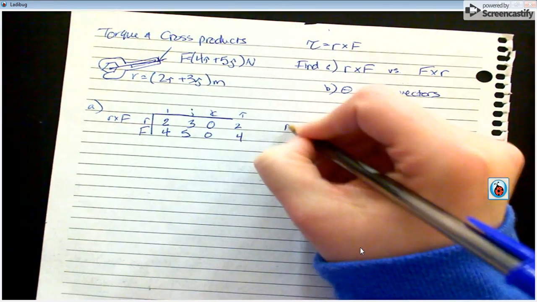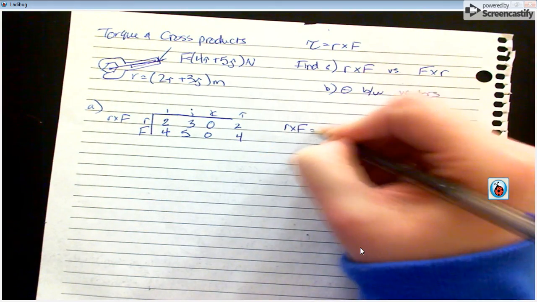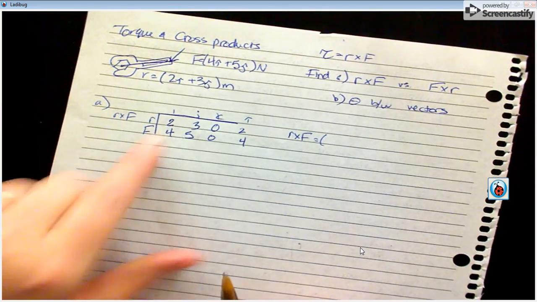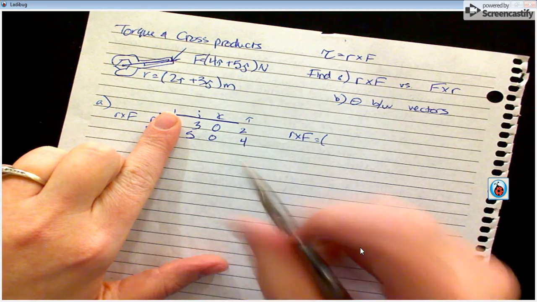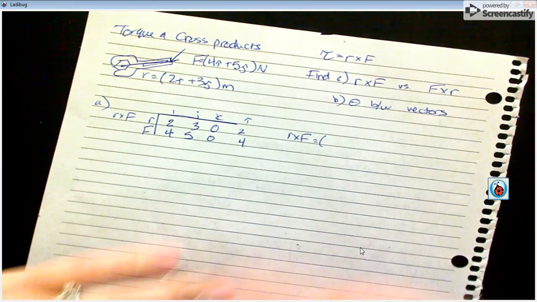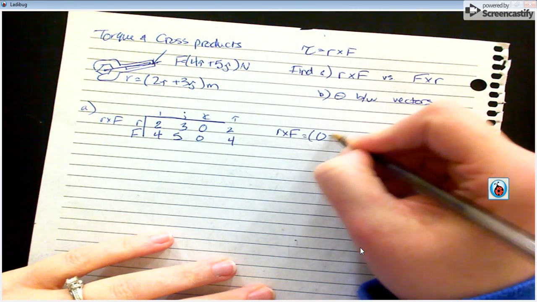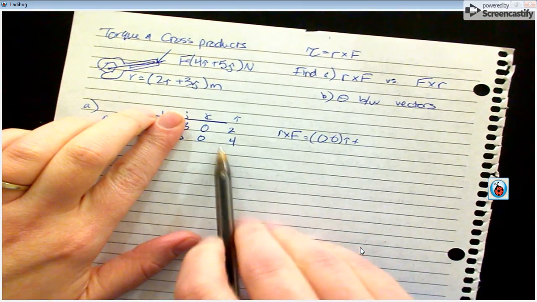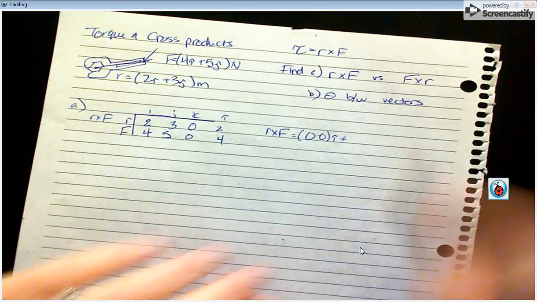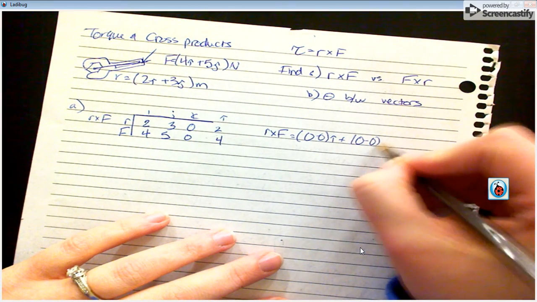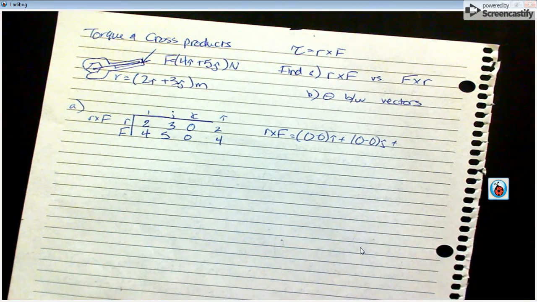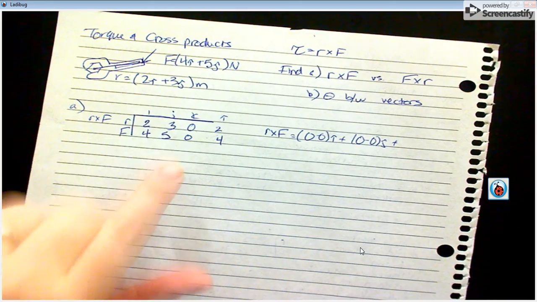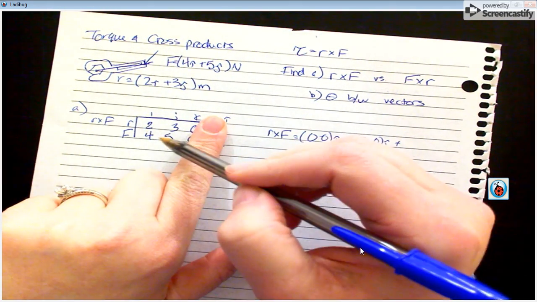So then when we cross those two, this turns out to be pretty easy. I hat, that's going to be 0 minus 0 in the I hat direction. J hat, well, hey, look, it's 0 minus 0. K hat, that's going to be our actual value.